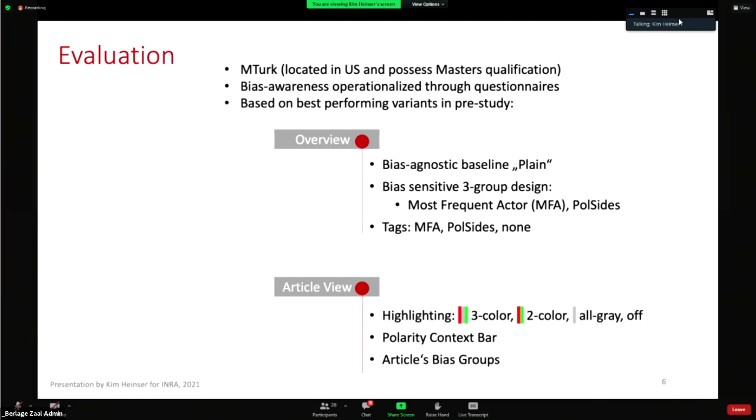And in the article view, we tested different color schemes of in-text highlights: three colors for positive, negative, neutral, or just two colors, positive and negative, or just showing sentiment without indicating whether it's positive or negative, and the polarity context bar. And then we additionally show the bias groups for the individual article.